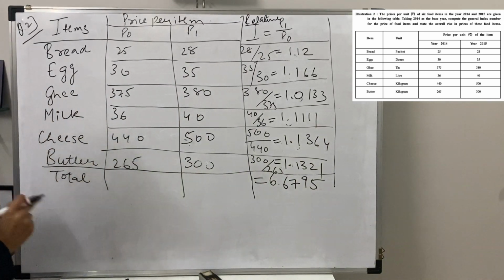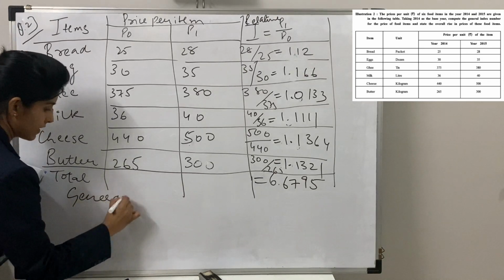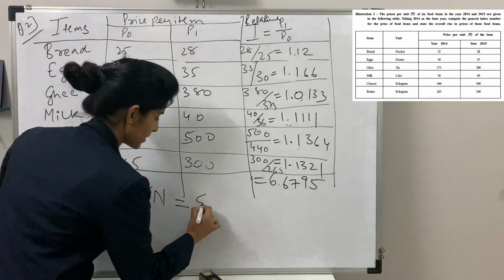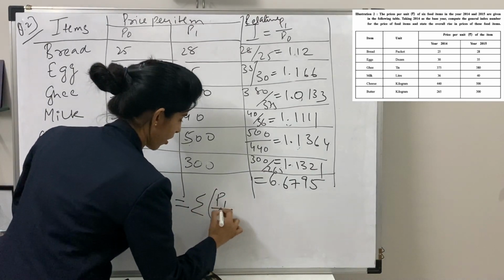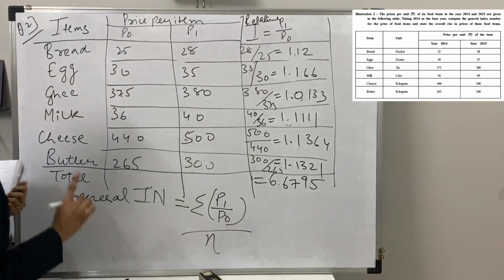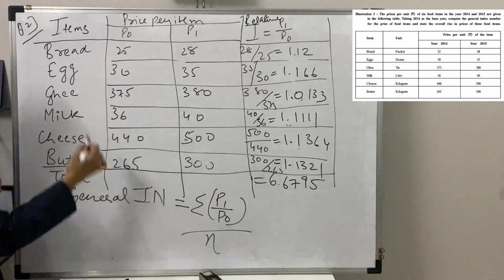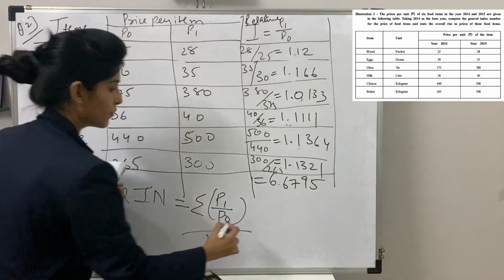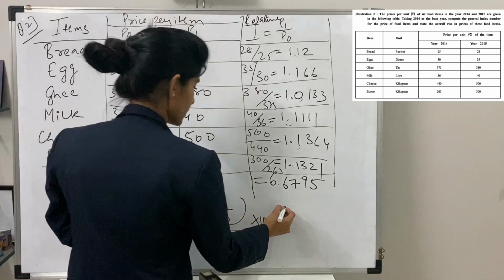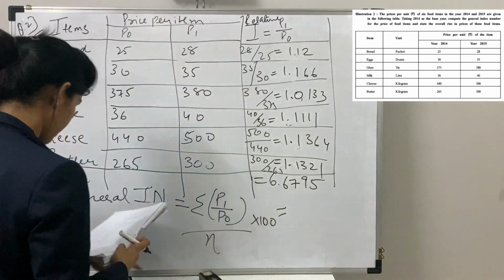Now finally we'll multiply it with 100. General index number is equal to summation of P1 upon P0, upon number of items, into 100. This formula will be used when you are given items differently, P0 differently, P1 differently. Now coming to the final answer, your summation of P1 upon P0 is 6.6795.